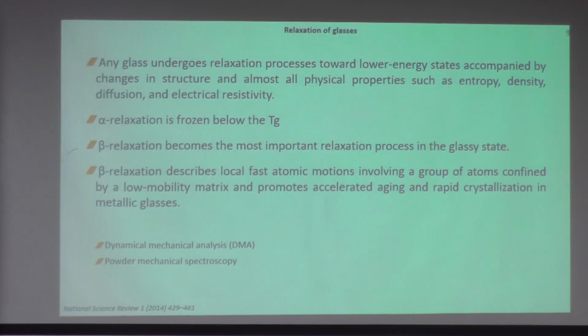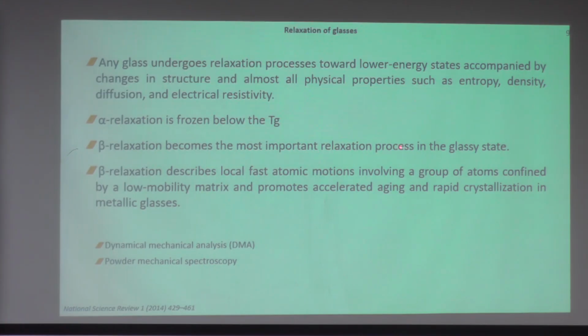This relaxation is accompanied by changes in structure and physical properties, like entropy, density, diffusion, and electrical resistivity. We can consider there are two types of relaxation of glasses. The first is the alpha type, and this type of relaxation is frozen below Tg.